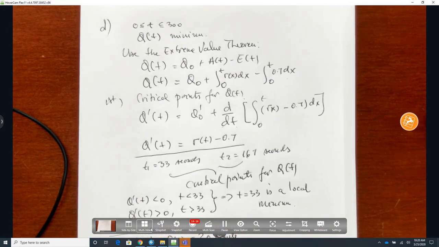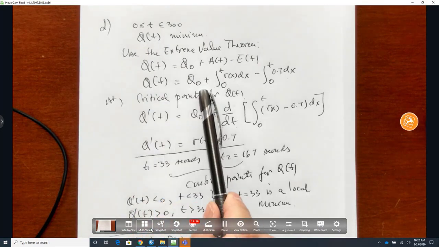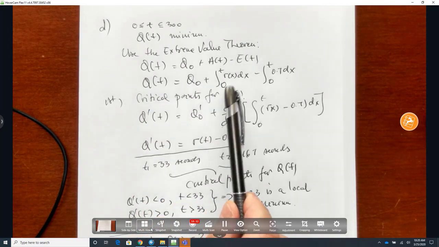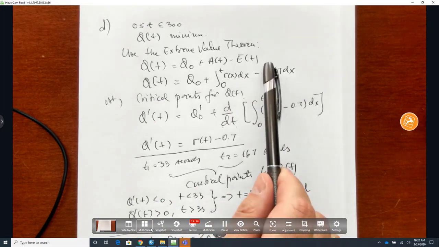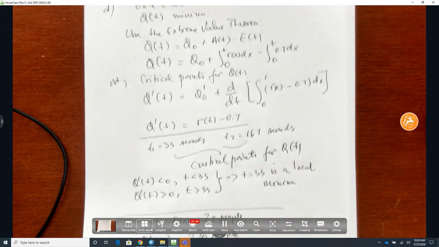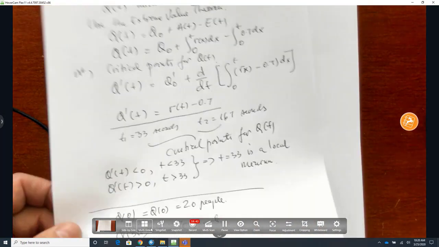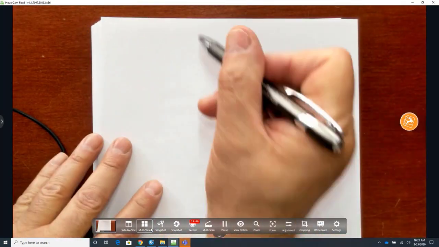Let's remember what the equation is. At any time t, q is q0 plus the integral from 0 to t of r of x dx minus the integral from 0 to t of 0.7 dx, or maybe I can write it compactly. So let's rewrite the equation, page 3 this time.